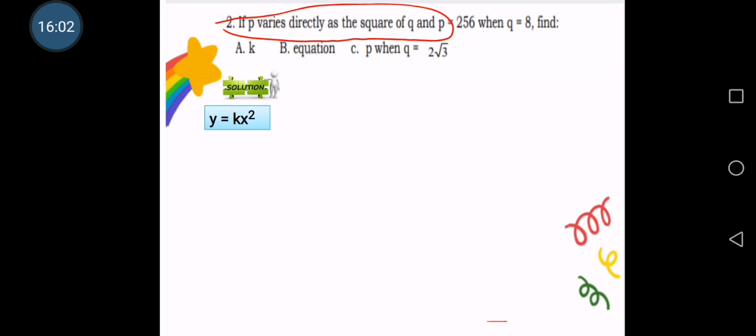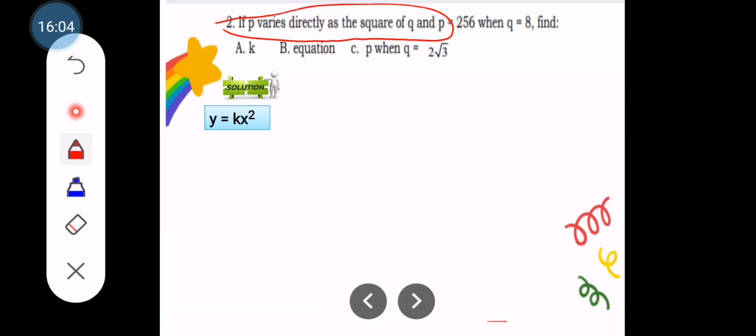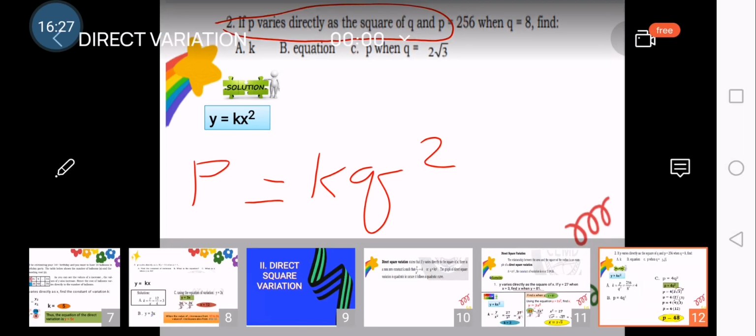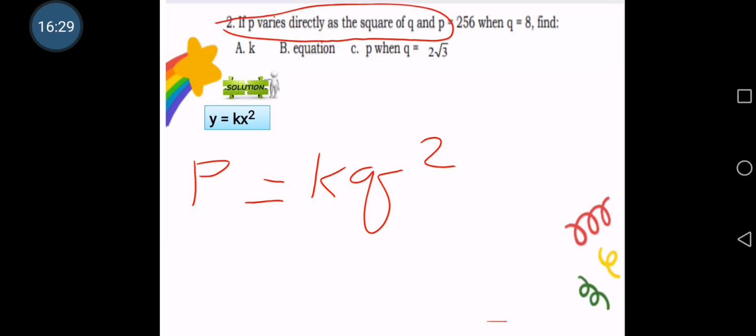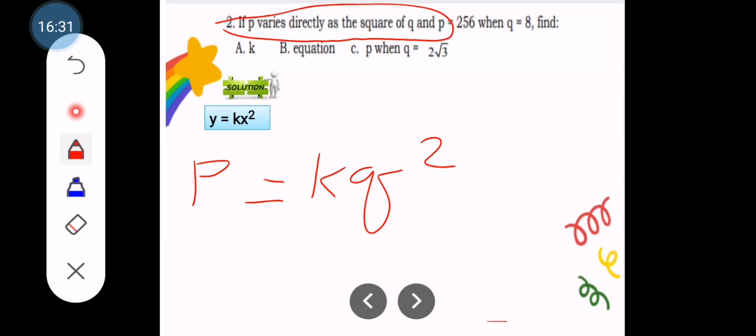Ang translation is p varies directly as the square of q. Since ang constant ay hindi nagbabago, dapat p varies directly as k q square. So, ganyan po dapat ang equation niya.